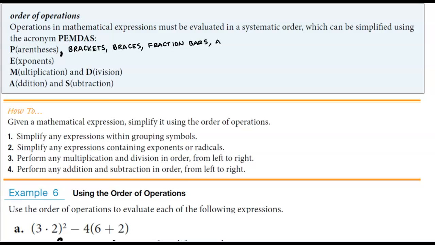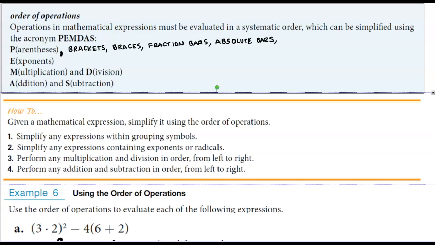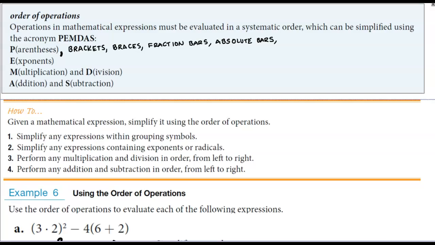It could also be absolute value bars. Okay, it could also be a square root symbol. So basically what that means is they're all considered grouping symbols.